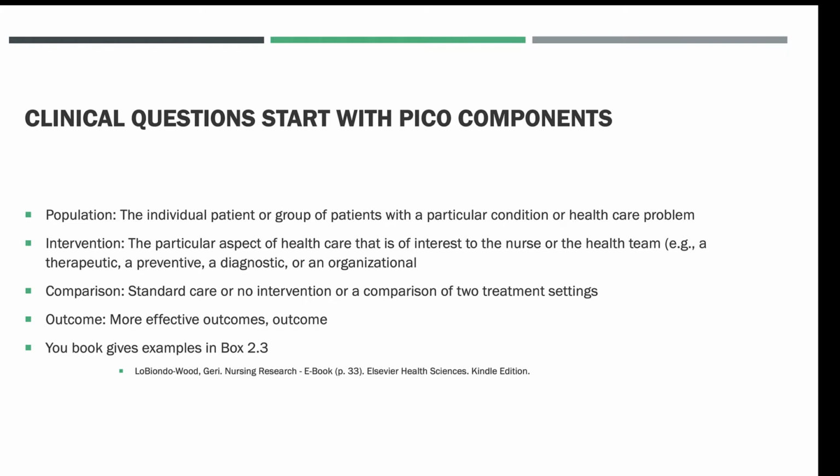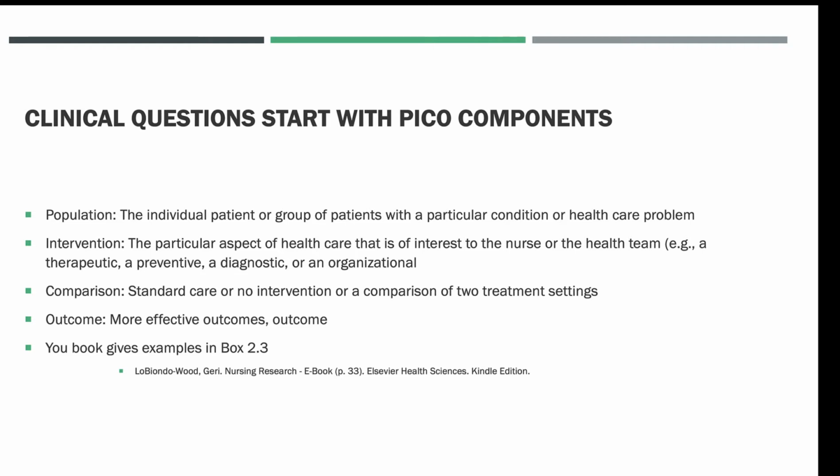And then the last piece is clinical questions. Start with PICO components. And you're going to hear a lot about PICO questions, which stands for Population, Intervention, Comparison, and Outcome. And a lot of nurses use evidence-based practice, and they ask clinical questions.